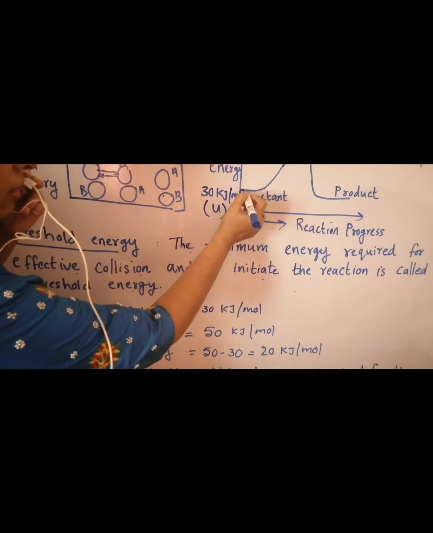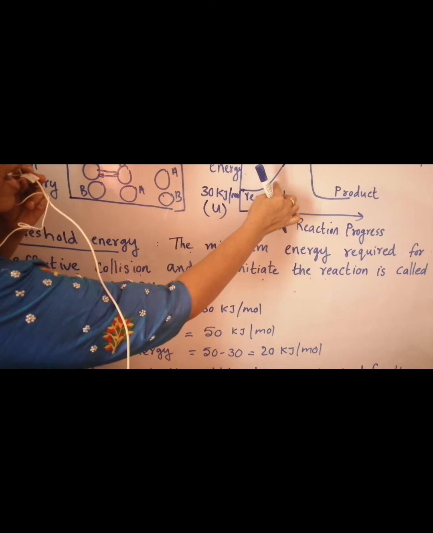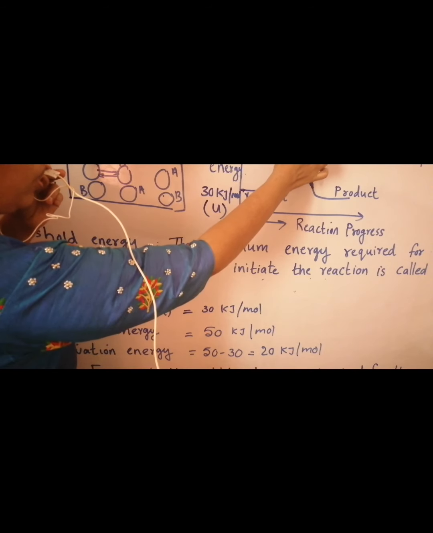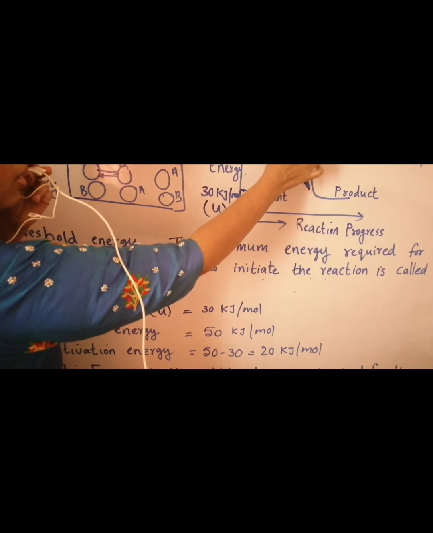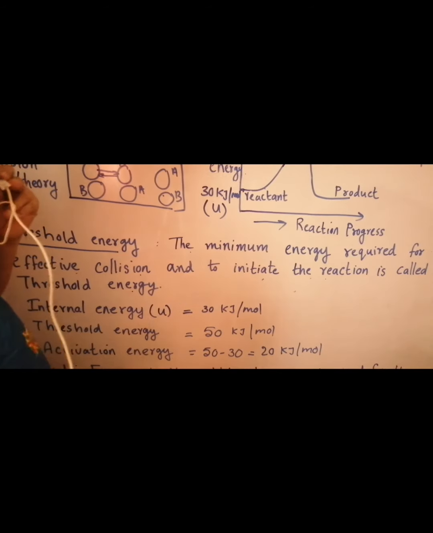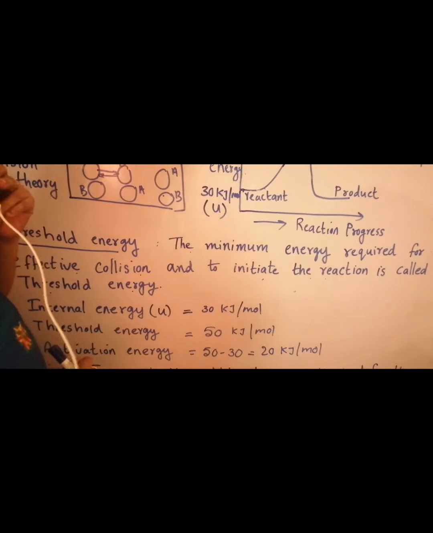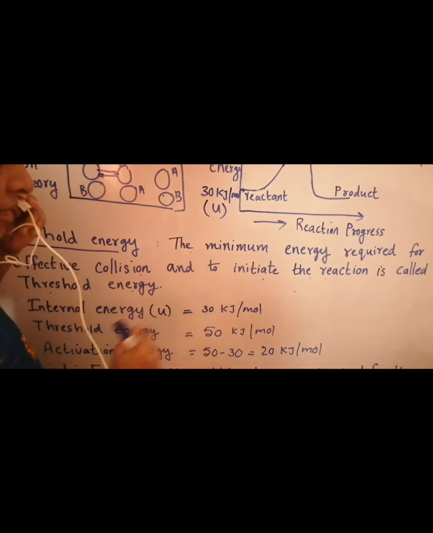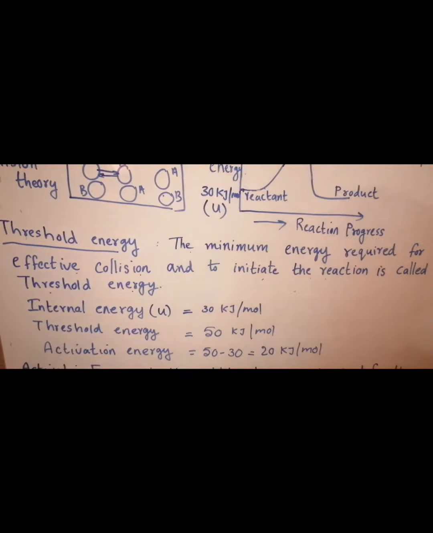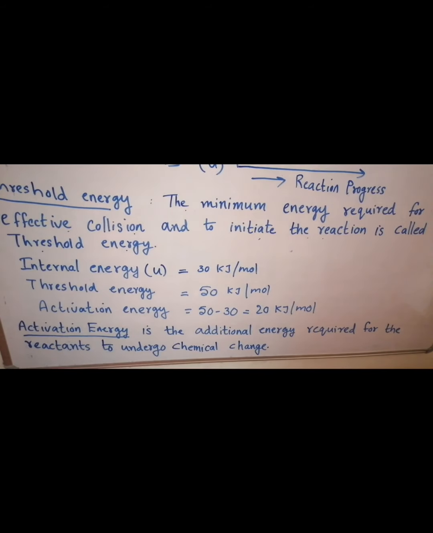The reactant requires some additional energy to reach the threshold energy, and this is the energy barrier. This additional energy required for the reactants to undergo the chemical change is called activation energy.